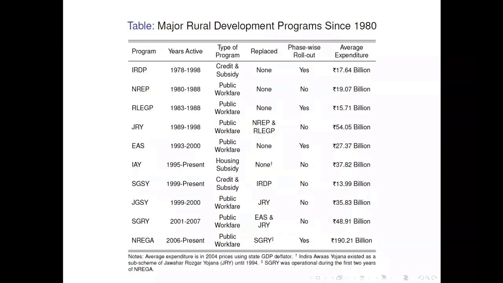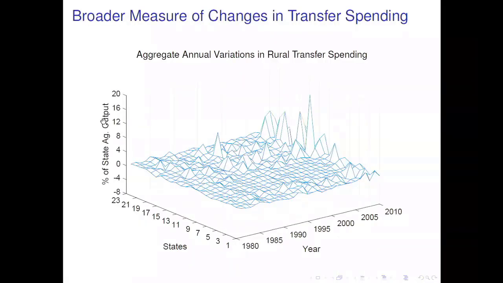That is a broader measure of transfer spending because it encapsulates everything, old programs, new programs, whatever. And when we take the year-on-year change in that total rural spending, that is what we call the broader measure of changes in transfer spending. Why are we discussing this? Because quite a lot of these changes can be endogenous.